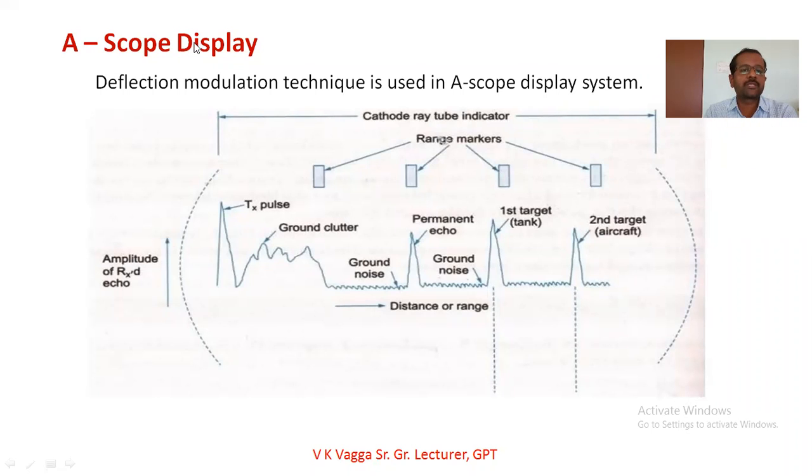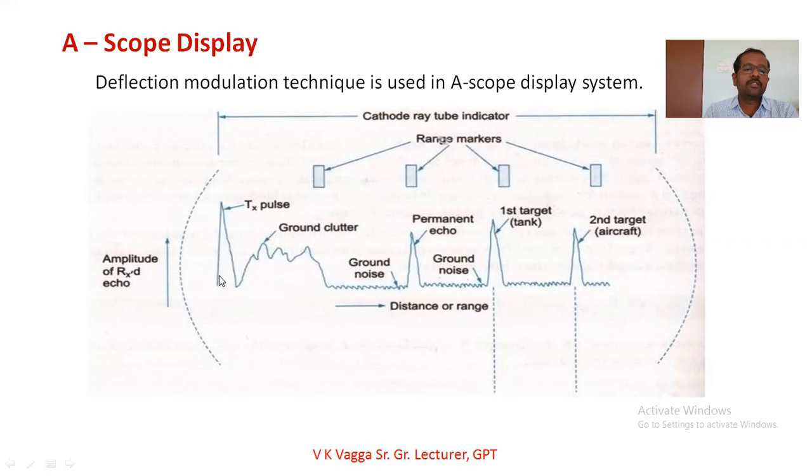The A-scope display is one type of deflection modulation technique. It is nothing but a cathode ray tube indicator, marked with range markers. The horizontal line measures the range, and the vertical measures the amplitude of the echo.